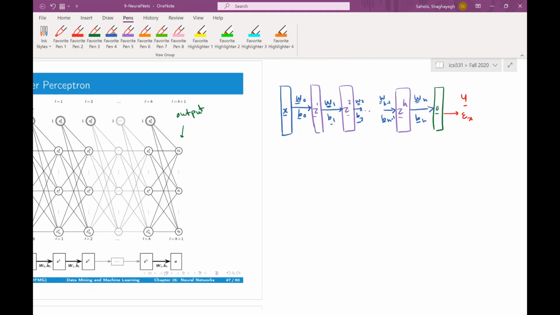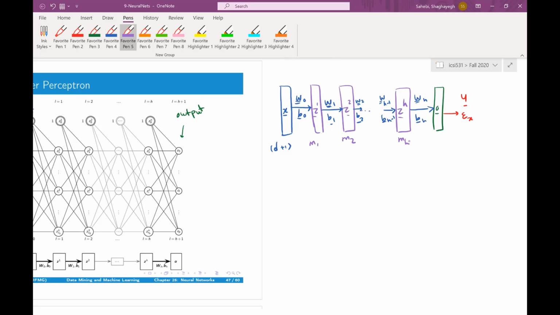The input layer has D+1 dimension of neurons, and then for each of the hidden layers we are going to have a different number of neurons. We are going to decide on that when we are designing this architecture. So for example, this is going to have M1, I just dropped the plus ones, you already know that, M2 until MH neurons in these hidden layers.